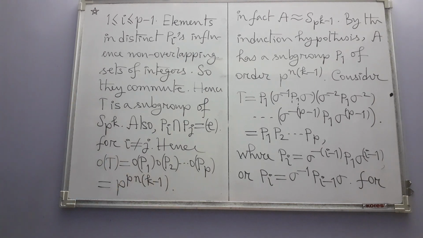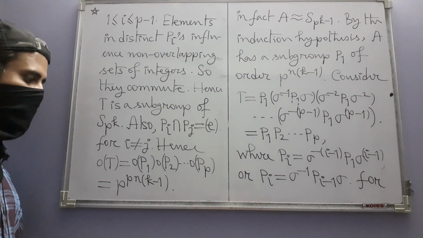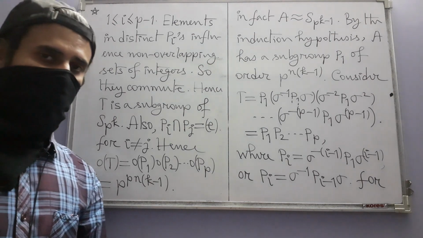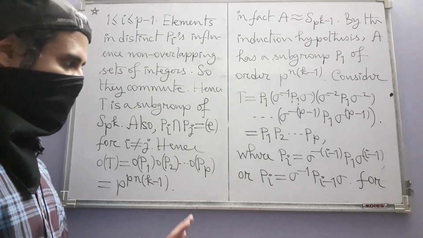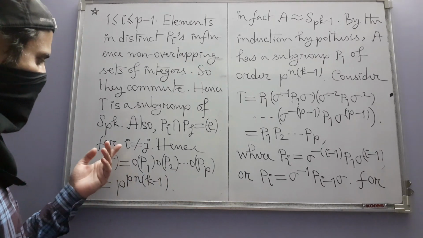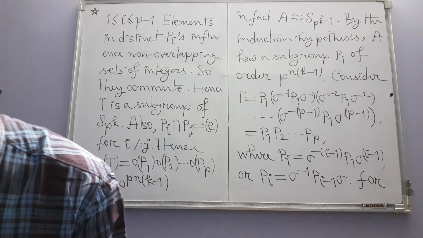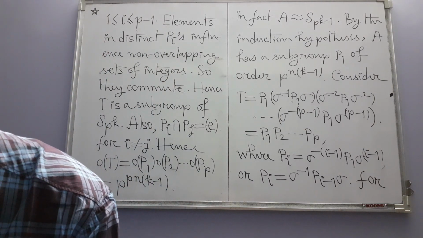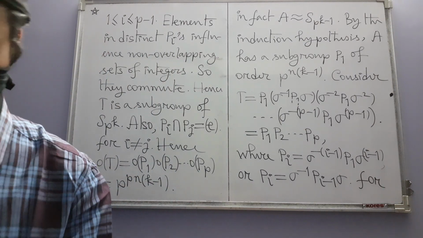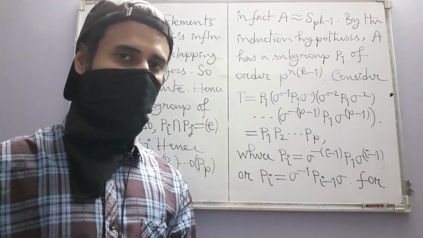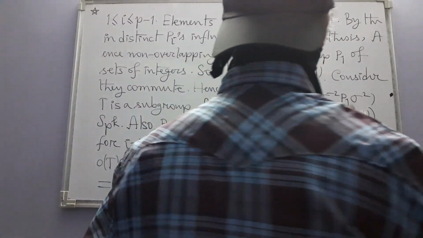So this is the order of T. But this is not what we want. This is not the p-Sylow subgroup that we are seeking of S_{p^k}. Something else is. To get to that, we have to take the product of P and something else.